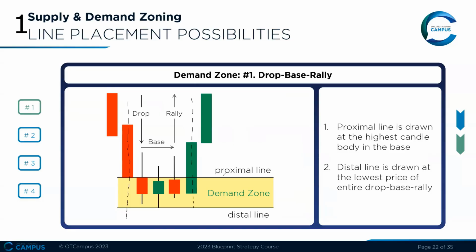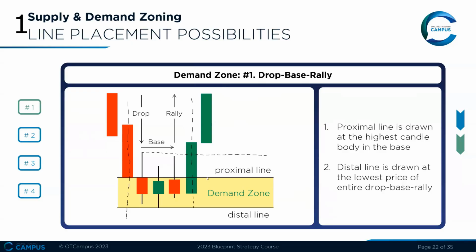And if we're going to put the proximal on the highest body of the basing candles, that's the preferred version. And if we were to put our proximal at the highest wick of this entire formation, then we would have a wider version. We would take the entire base.